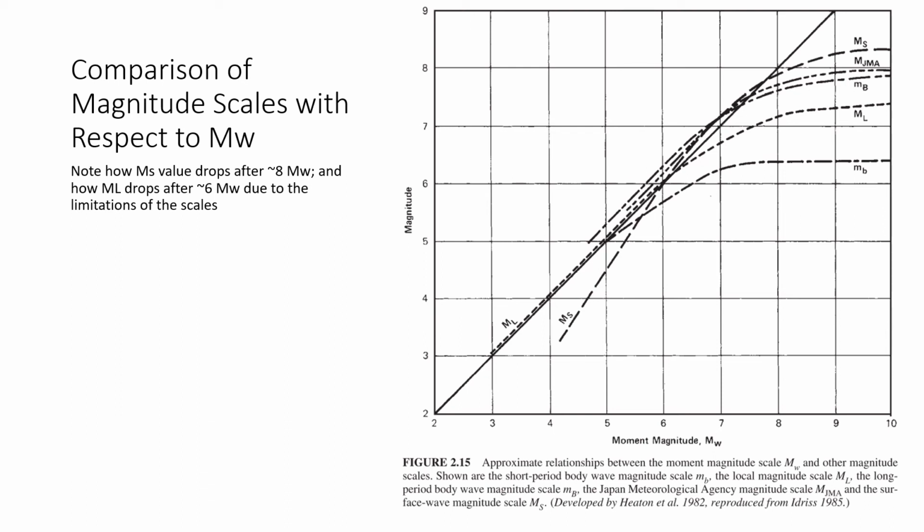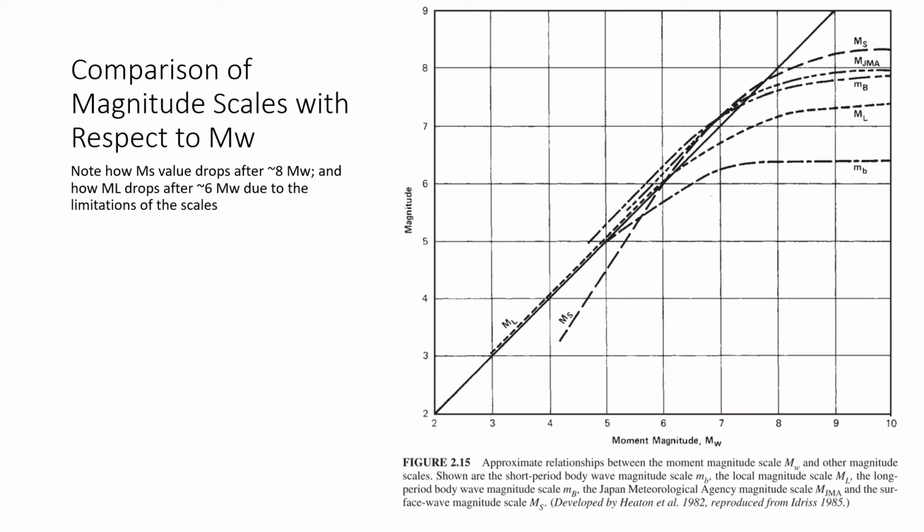So you have here a straight solid line. This is your moment magnitude. Moment magnitude versus moment magnitude is 1:1. So a magnitude 3 in moment magnitude is also magnitude 3 in moment magnitude. So this is our reference point. Moment magnitude is considered the most accurate scale.